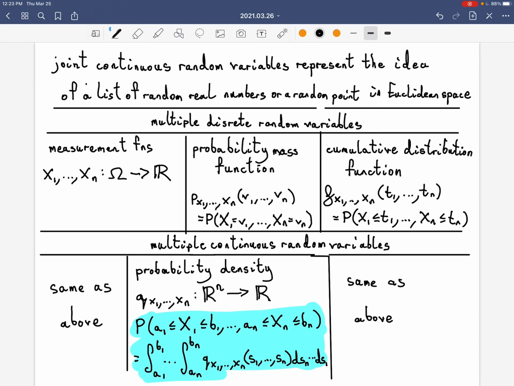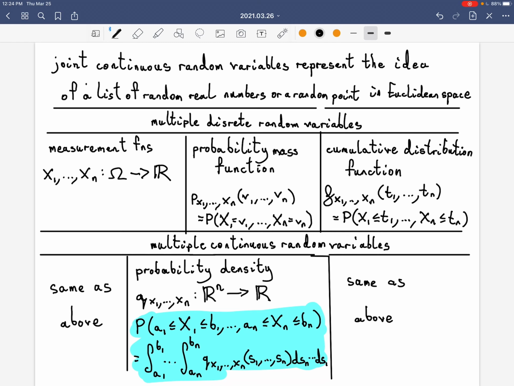But what this event is calculated as is you do a multiple integral over all of these upper and lower bounds of the probability density function, which is a function of n variables.